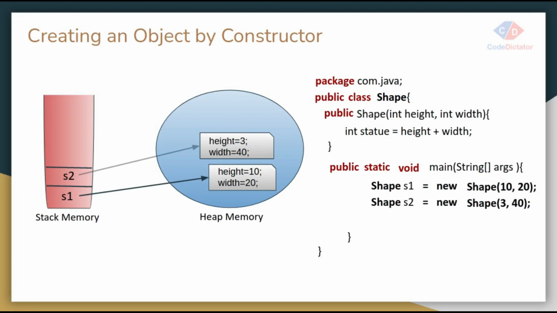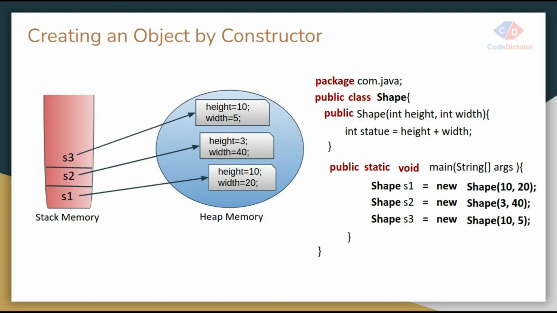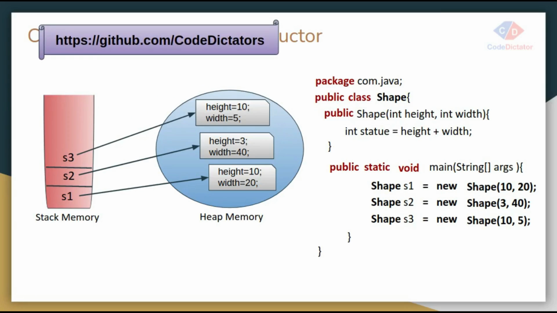When we use the equal to symbol, it points to your object present inside the heap area. In a similar way, for S3, the new keyword creates the memory location, Shape is the constructor to construct your object in the heap area, and the equal to symbol is the assignment operator to assign that location to your object. You guys can follow my Git ID for the source code.